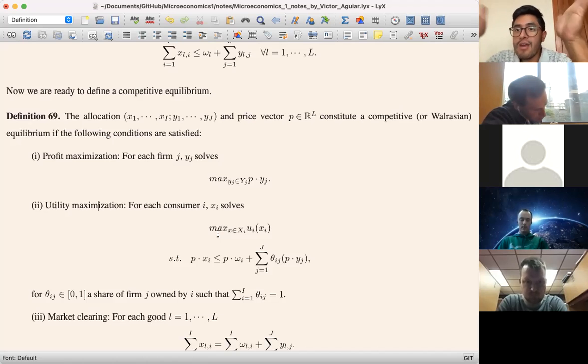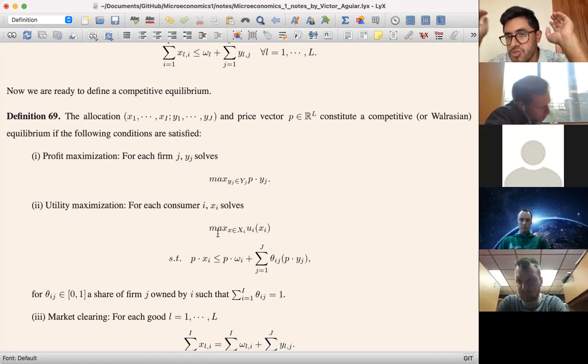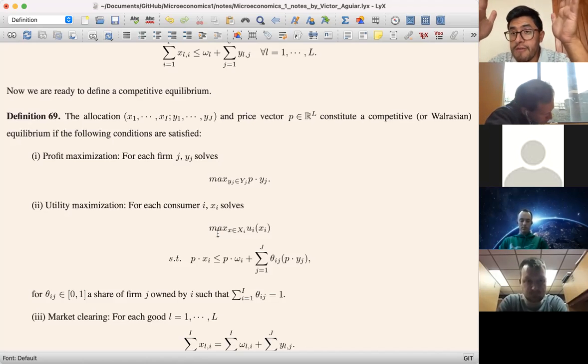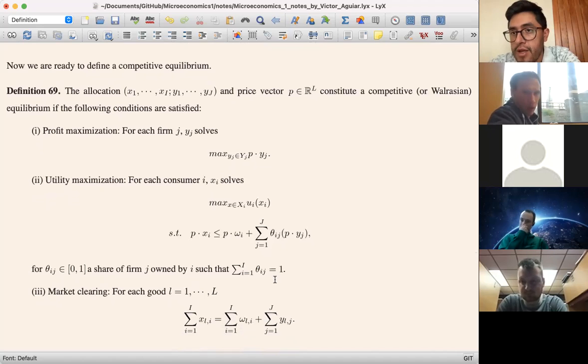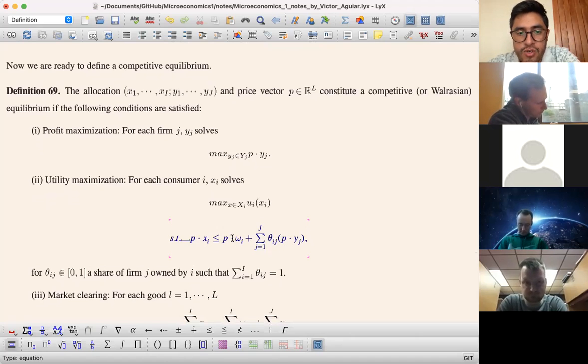Instead of giving you an income, as in a fictitious experiment, you're going to be given endowments, right? Physical amounts of goods. And then with this physical amount of goods, you're going to be able to sell them, for a price, of course. And this is the multiplication of price times endowment given to you.